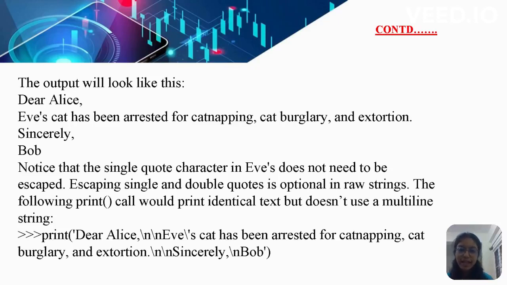Dear Alice, Eve's cat has been arrested for catnapping, cat burglary, and extortion. Sincerely, Bob. Notice that the single quote character in Eve's does not need to be escaped. Escaping single and double quotes is optional in multiline strings.